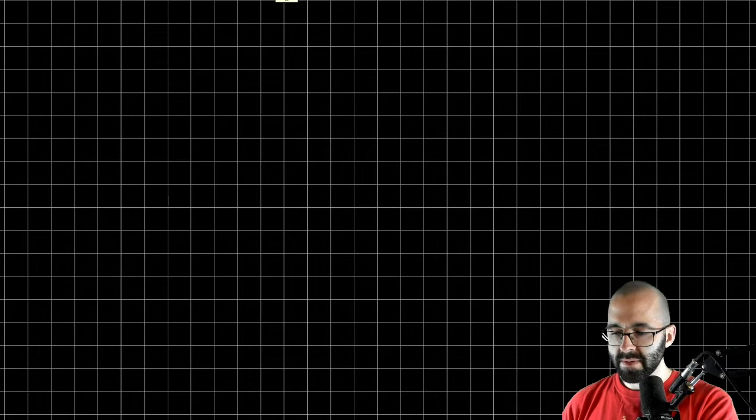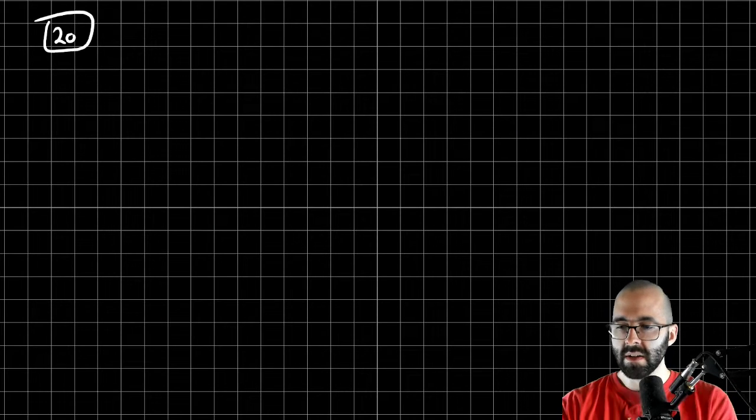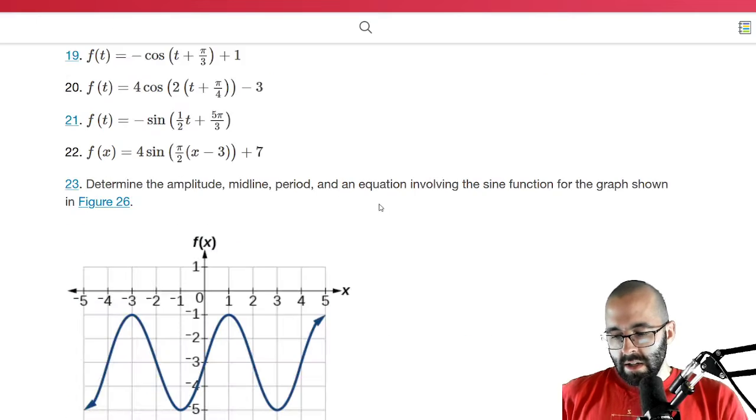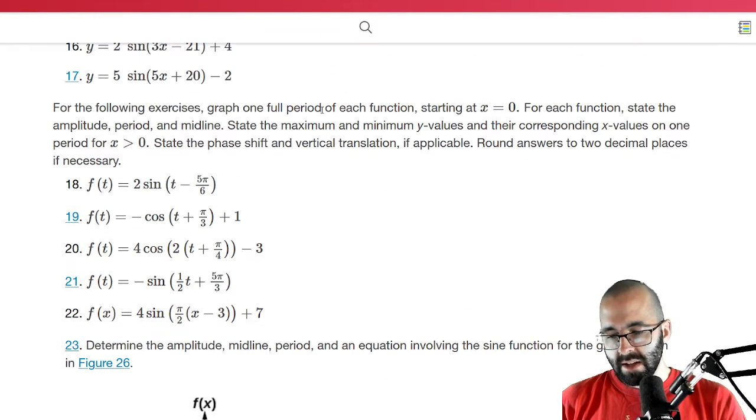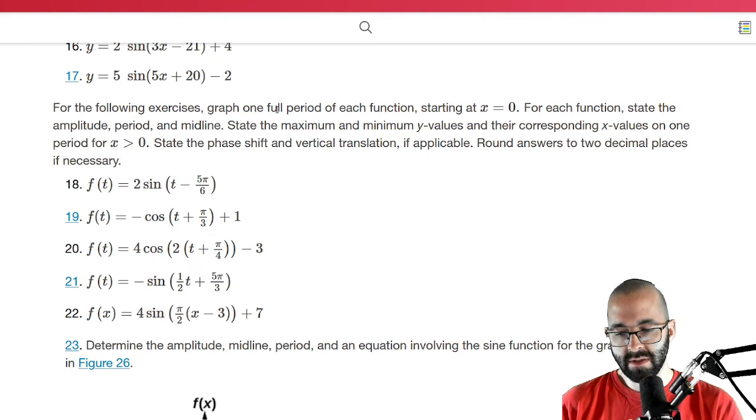Let's do another problem. Let's do number 20. Number 20 says graph 1 full period starting at x equals 0. So here we only want to graph 1 period starting at x equals 0. And then state the amplitude, period, and midline. That's like before.